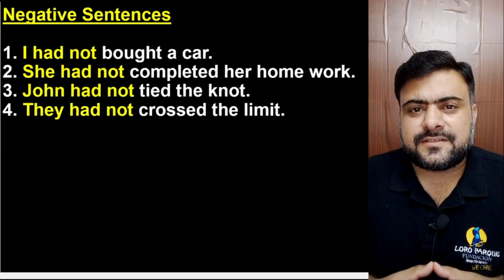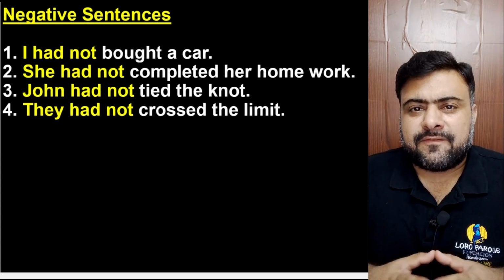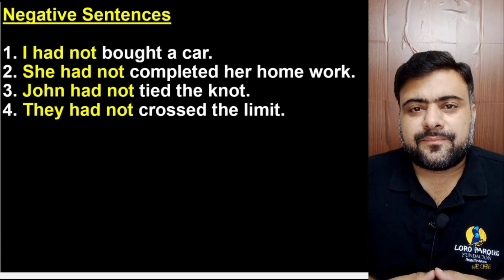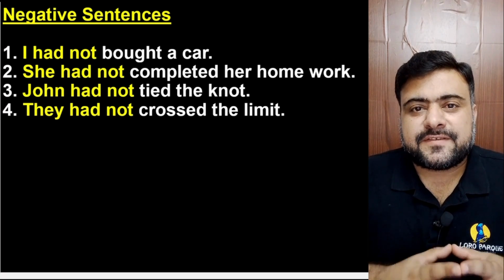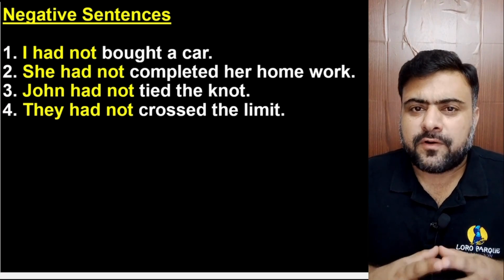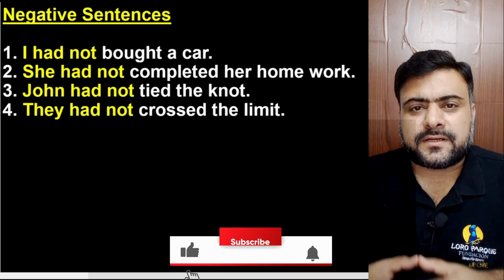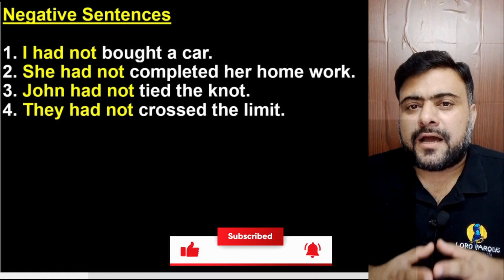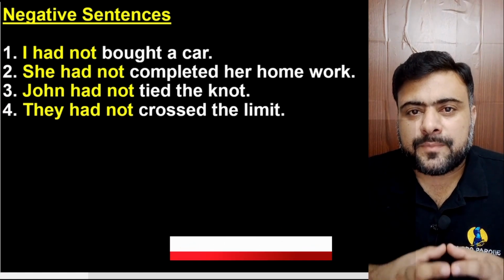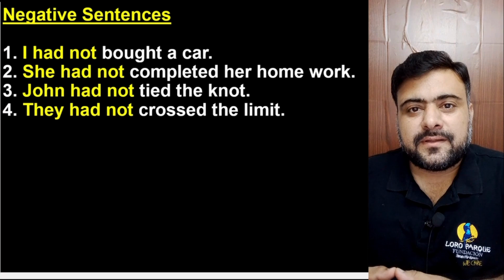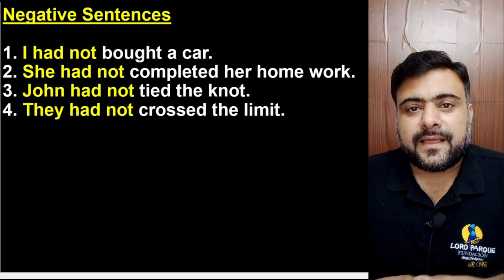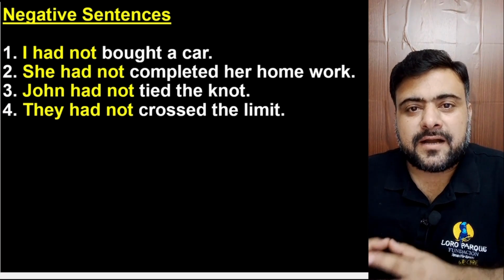The negative sentences of this tense are very easy to make. You take an affirmative sentence of the past perfect tense, for example, I had bought a car, and you put a not between the helping verb had and the main verb. I had bought a car.